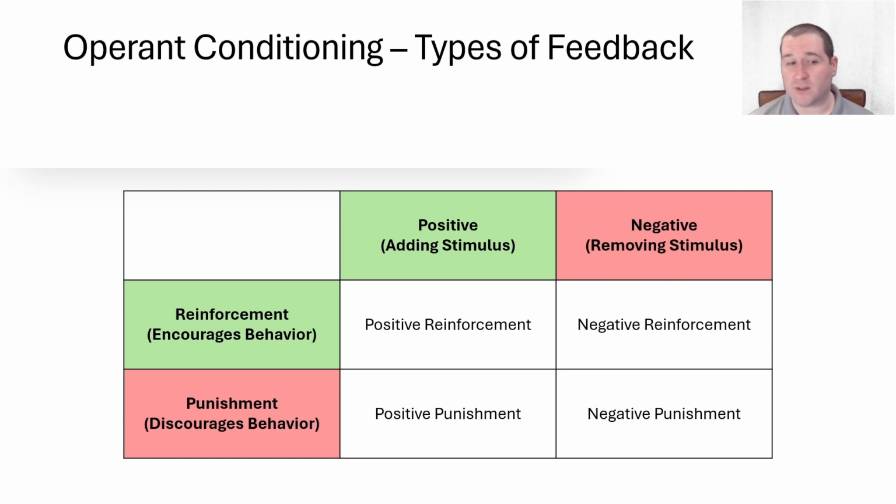If we remove a stimulus to encourage the behavior, that's negative reinforcement. Adding a stimulus to discourage the behavior, positive punishment, and removing the stimulus to discourage the behavior is negative punishment. So that's the framework that they use in operant conditioning.